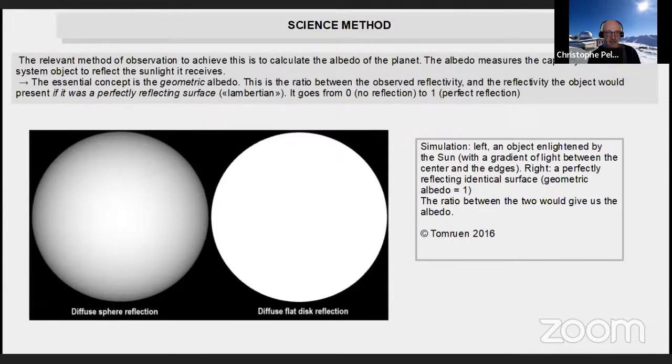So you can see at left a simulation of a solar system object enlightened by the sun, and you can see that there is a gradient of light between the center and the edges. At right is a perfectly reflecting identical surface with a geometric albedo of 1, and the ratio between the two is going to give us the albedo.